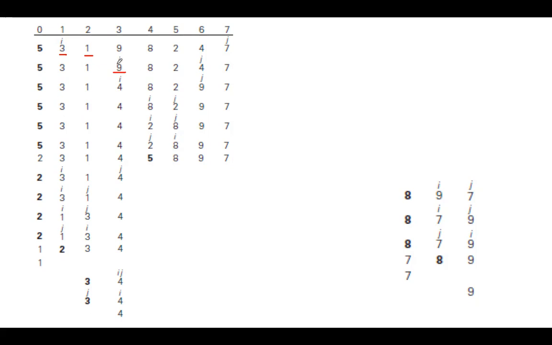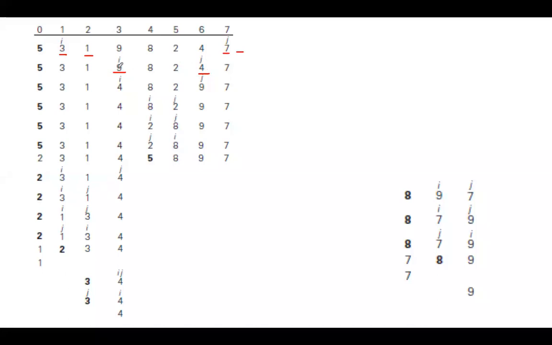So stop incrementing I. Next, j will be here. First, it will be decremented to this location. A of j should be less than 5, but it is not less than 5. So decrement it further. A of j is 4. It is less than 5. This condition is true. Once these two conditions are true, what are you going to do?